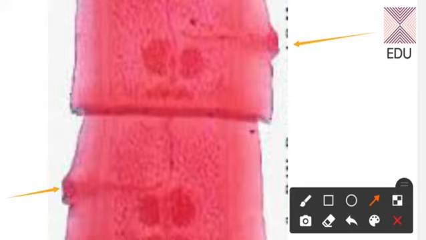So that was about the genital papillae. They are alternate in position, and they are only present in the mature proglottids. They are absent in immature ones, and though they are present in old proglottids also, they are non-functional there.